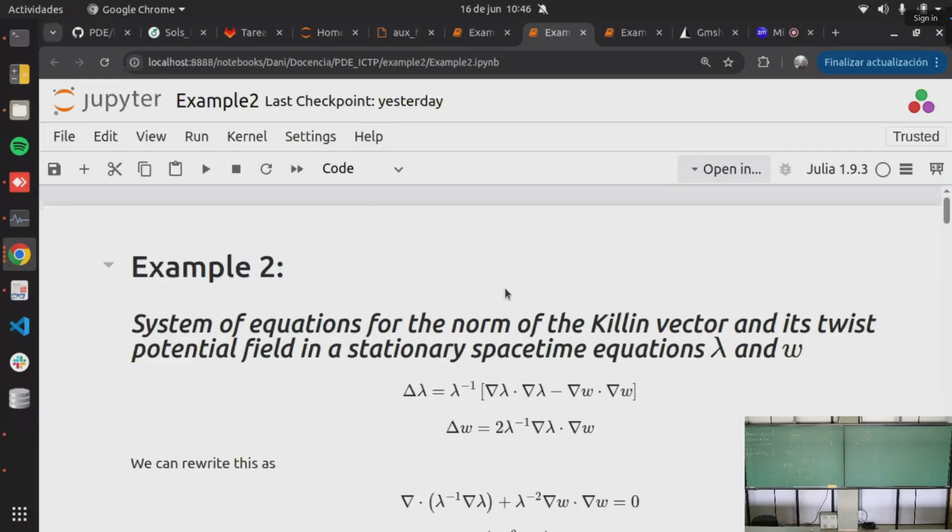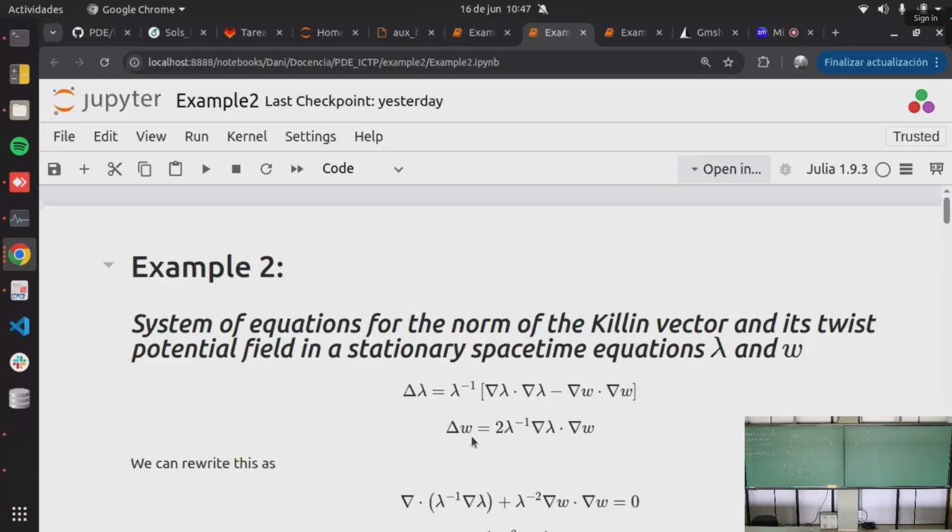In this case, I'm going to show you a little more of what I'm doing in my PhD. We are trying to solve the Einstein equations in stationary formulations. We are taking advantage of the symmetries, so we translate the Einstein equations into a coupled nonlinear PDE system for the norm of a vector that contains all the symmetry information, a scalar field associated with that vector, and a symmetric tensor.